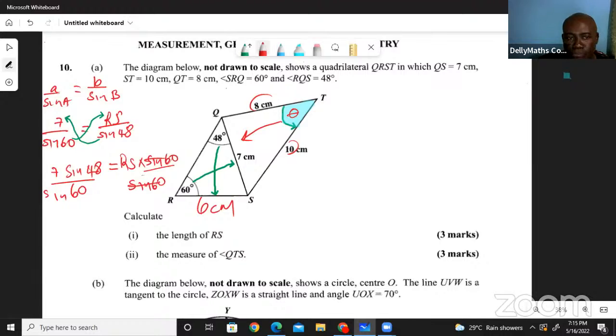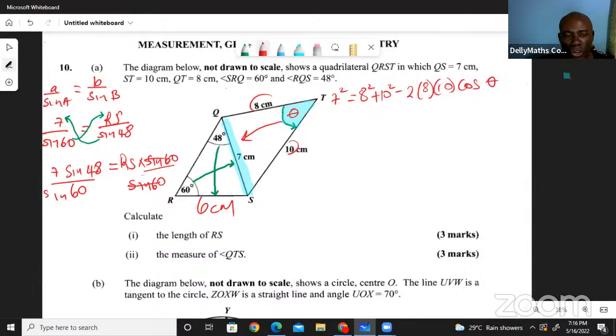We're going to say 7 squared, because the formula always starts by saying the side across from the angle squared. We want to make sure we understand that. So 7 squared is equal to 8 squared plus 10 squared minus 2 times 8 times 10 times the cos of the angle that we intend to find.